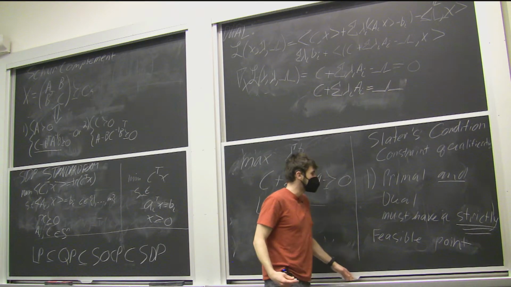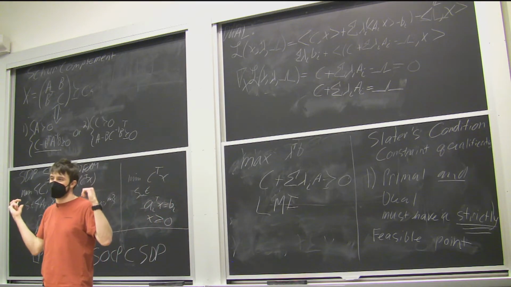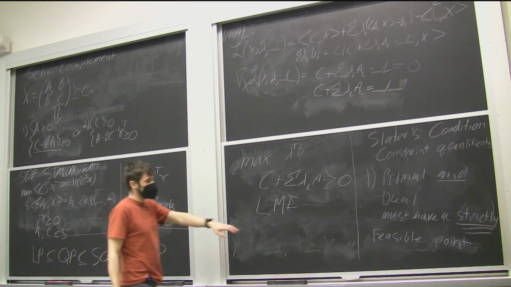So what you need for this to be true, for the primal and the dual to have no duality gap, is that you need to have a strictly feasible point.